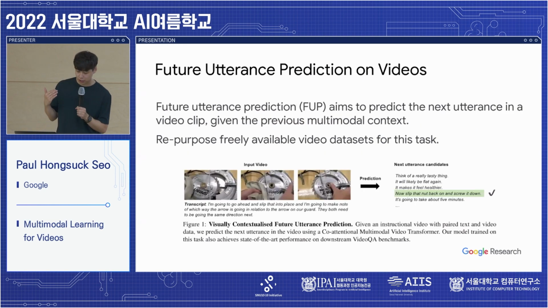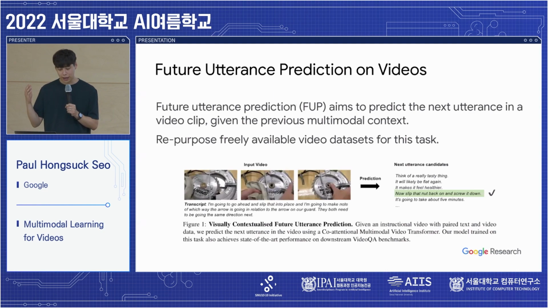What we proposed in this work is the future turns prediction task. Future turns prediction aims to predict the next turns in a video clip given the previous multimodal context. By multimodal context, I mean the visual frames plus the transcribed user speech. Unlike the previous work that only focused on text-based conversational AI systems, we have visual inputs. And unlike existing VQA or visual dialogue benchmarks, those visual frames are actually the environments that the speakers are speaking in.